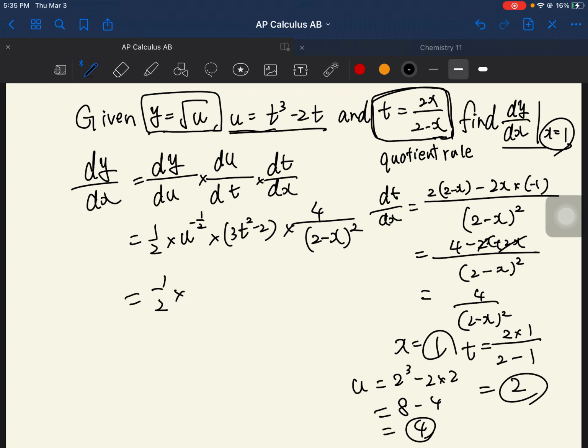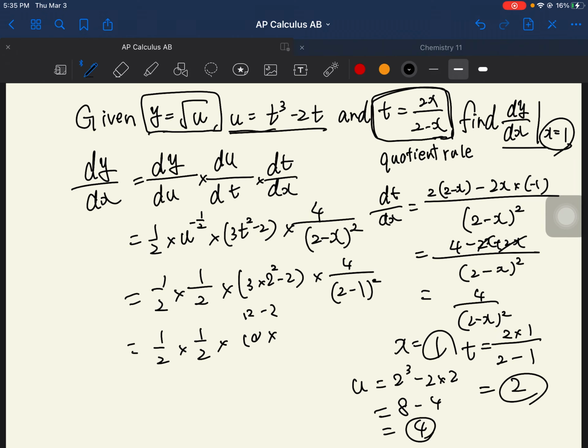Let's just plug these numbers into the function. 1 over 2 times the square root of 4, times 3 times 2 squared minus 2, times 4 over (2 minus 1) squared, which is 1 over 2 times 1 over 2, times 3 times 4, 12, minus 2, 10, times 4 over 1.